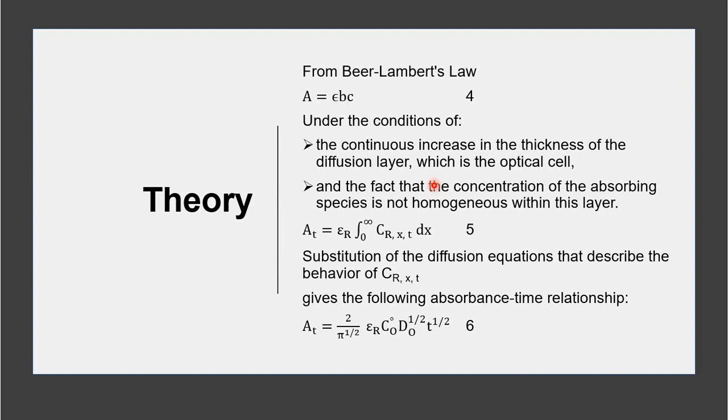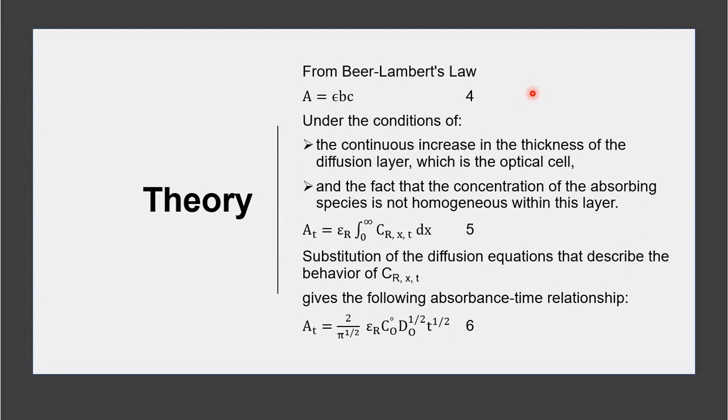So for that purpose we know that once the light is passing, since the oxidation reduction reaction, in which the oxidized species is converted to reduced species, will be taking place, there will be an increase in the thickness of the diffuse layer which is present in the optical cell.